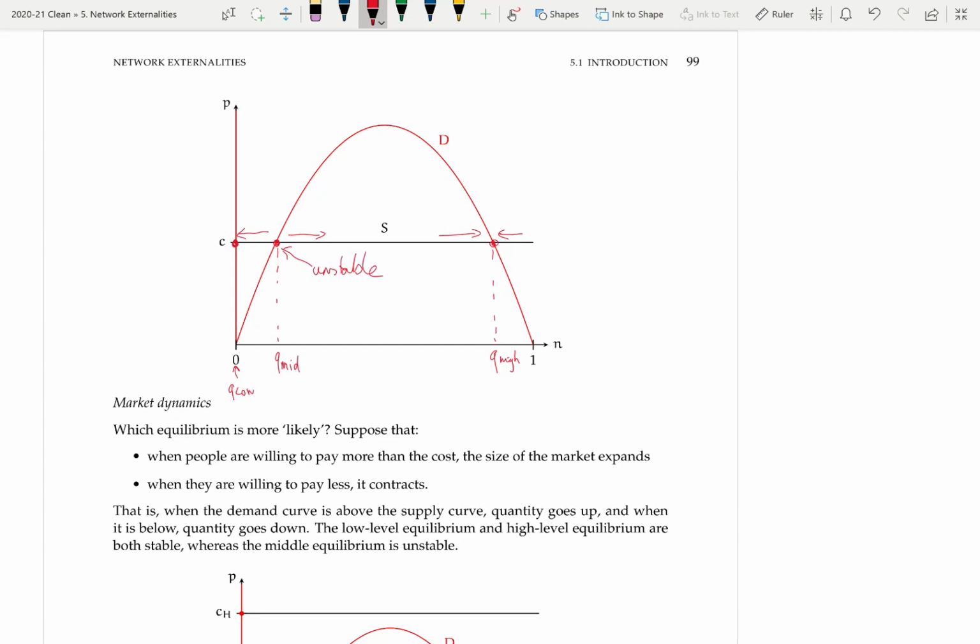If we start to the right of the middle equilibrium, then we'll converge to the high demand equilibrium. So as long as we start close enough to the low or the high equilibrium, we're going to converge to them. So the other 2 equilibria are stable. So in this sense, the high demand equilibrium, because it's stable, is more reasonable or more likely than the middle equilibrium.